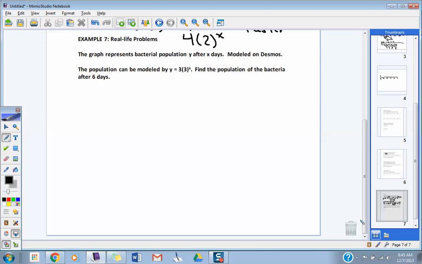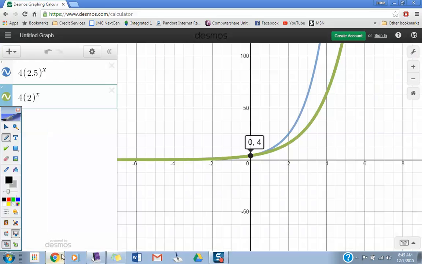All right, in example 7, it says the graph represents bacterial population Y after X amount of days. And we're going to model this on decimals. So it says the population can be modeled by Y equals 3 times 3 to the X. So I'm going to punch that in. Let me go back to decimals.